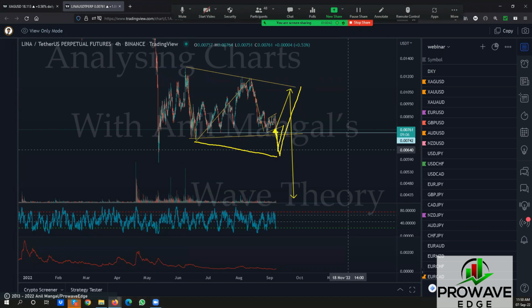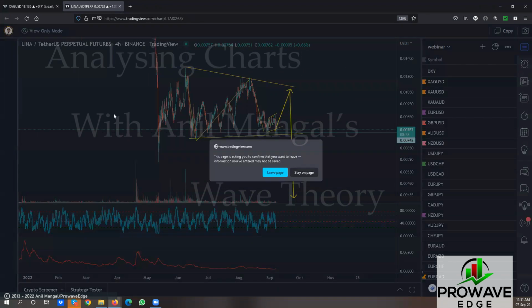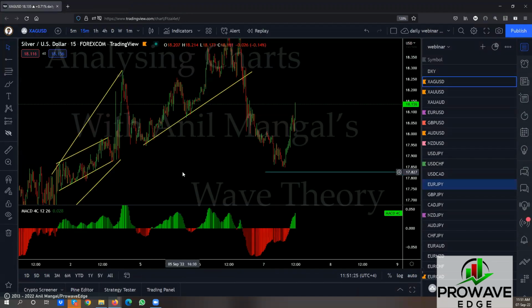It could come here and then go back up, and it will still be 1, 2, 3. Go back there, and then drop and then go back up. So it could be more complex than that. But I like your thought process. You're seeing patterns, so that is good. But you have to know more variations of the patterns as well.